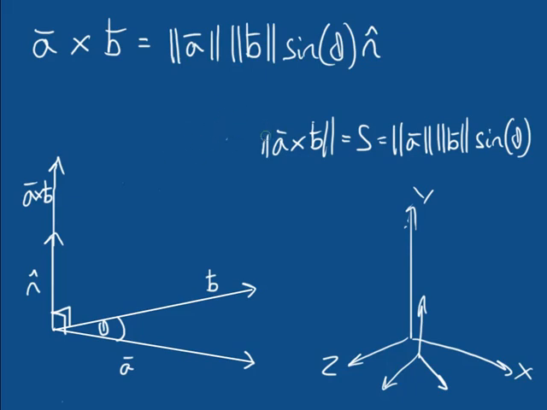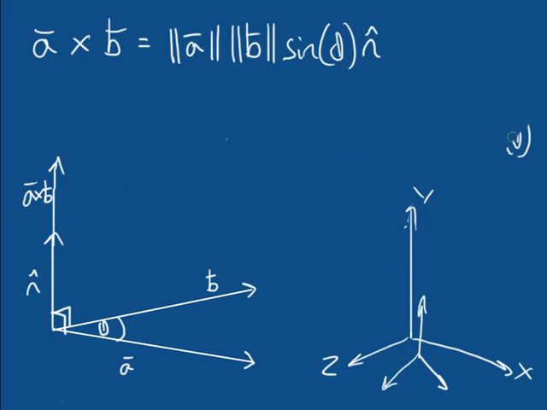We're saying A cross B is equal to the length of A multiplied by the length of B multiplied by the sine of the angle in between them multiplied by the unit vector n that is mutually perpendicular to both A and B. So we can see that the result of A cross B is a vector, because we've got a scalar value multiplied by a vector that gives us a vector.